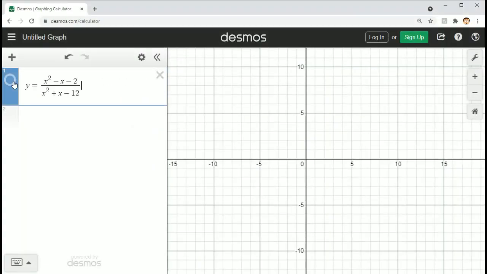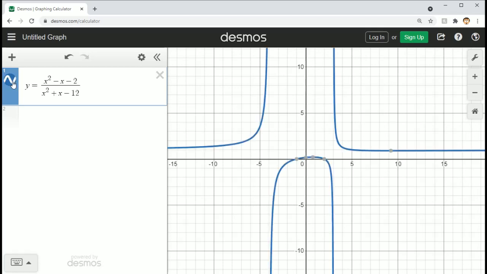And I've already punched in the equation. So there we are. And I want to know where this graph is greater than 0. And it looks like here, anything below -2-ish or -4-ish. And then it's above 0 again between here and here. There's my -1 and 2. And then it's above 0 again over here at 3 or bigger.